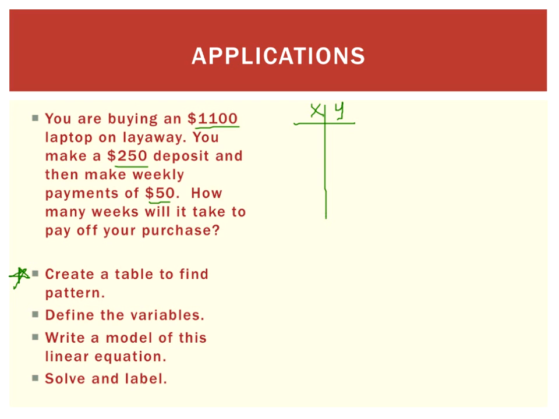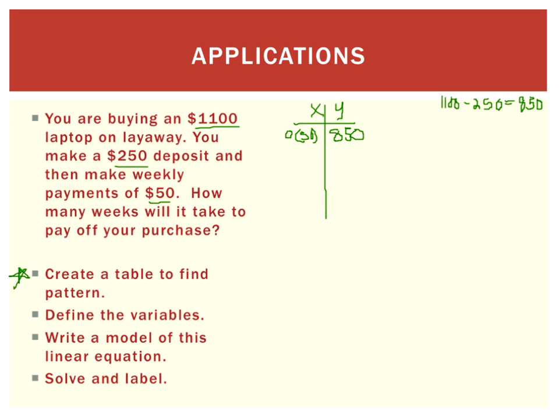First of all, if I start off with something that costs $1,100, I pay $250 off right away, I'm left with $850. So I've made 0 payments of $50 other than my deposit, and I owe $850.